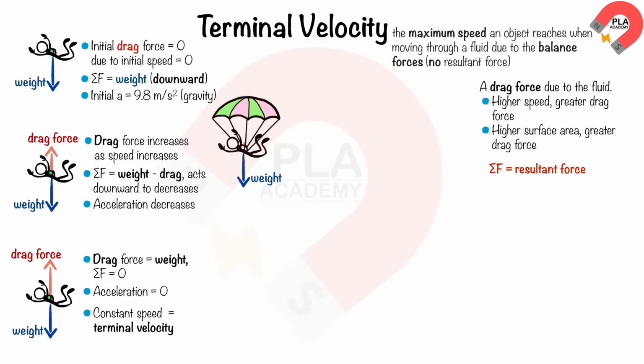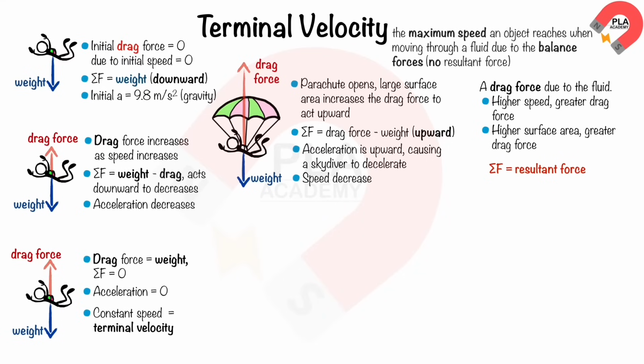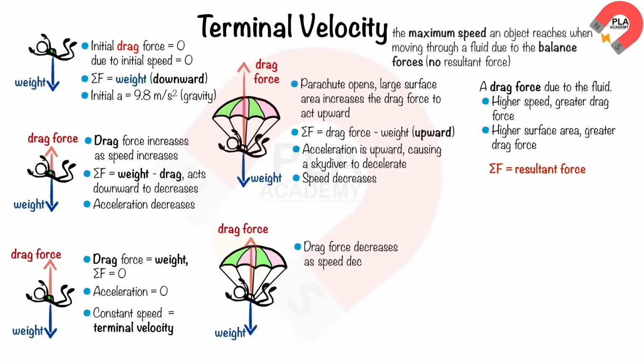When a parachute is opened, the large surface area increases the drag force acting upward. This causes the resultant force to be the drag force minus their weight, which acts upward. Since the acceleration is also upwards, the skydiver decelerates and their speed decreases. As time passes, the drag force acting upward decreases as speed decreases.